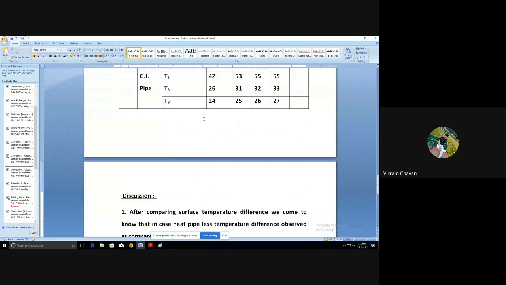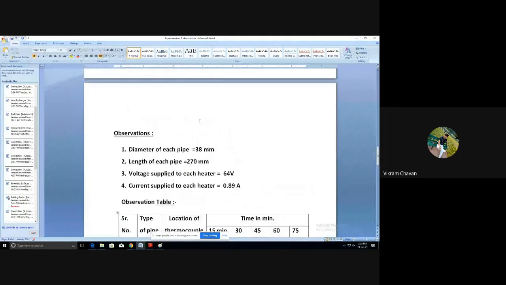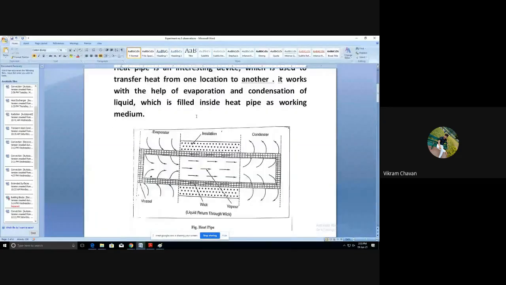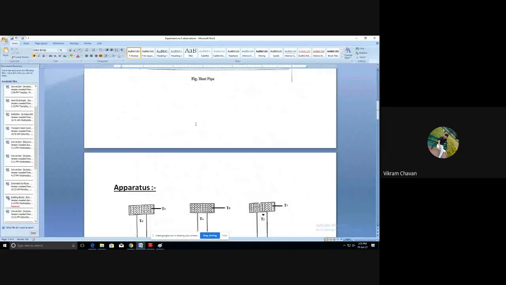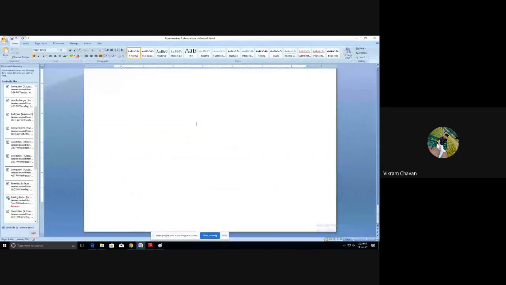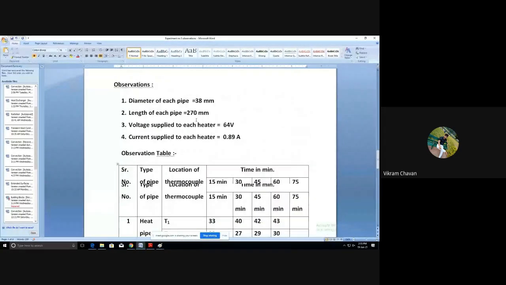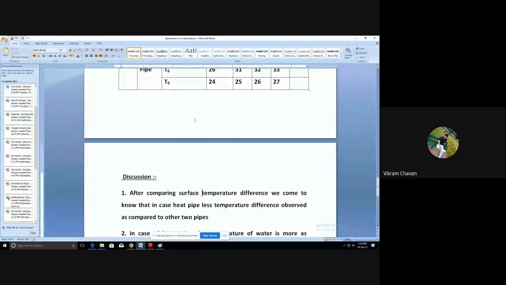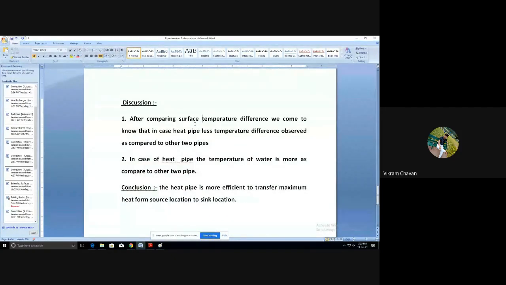Okay, is there any doubt, any question in this experimentation part? Whatever I have given in this Word file, that much write-up you have to write for the 5th experiment. I forgot to share the 4th experiment yesterday; I will share that today, along with this experiment.